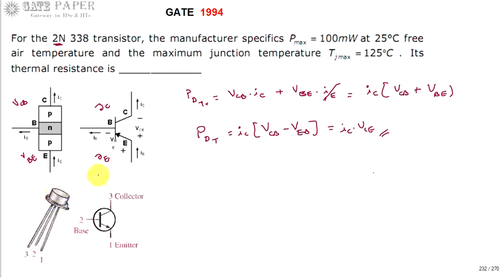The power dissipated at the junction is converted into heat. That heat flows from the junction towards the case, and from the case to the ambient temperature, which is nothing but room temperature or surrounding temperature.